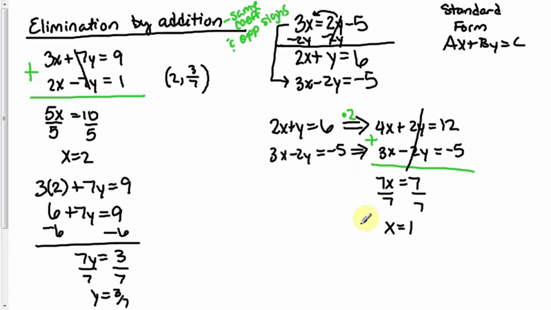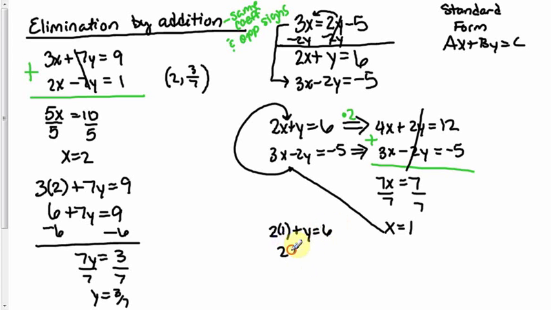So I'm going to put it right here. I will get 2 times x, which is 1, plus y equals 6. 2 plus y equals 6. Subtract 2 from both sides, so y is what? 4. The ordered pair solution is (1, 4).